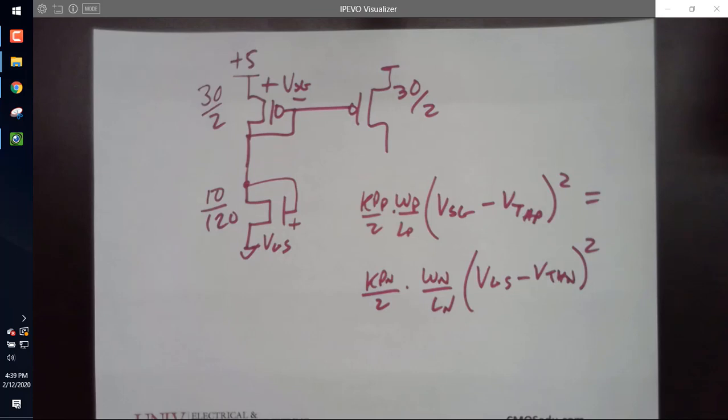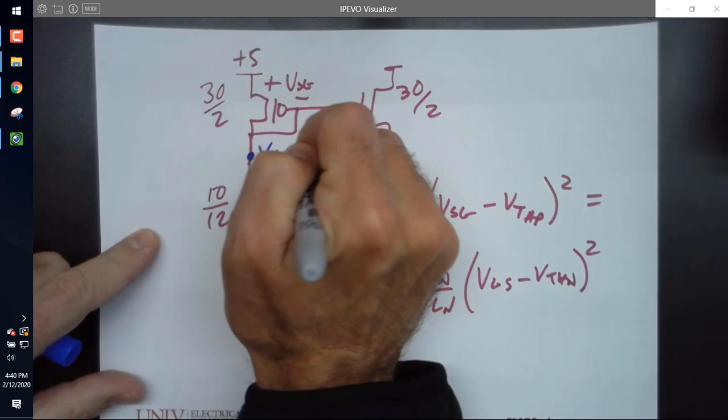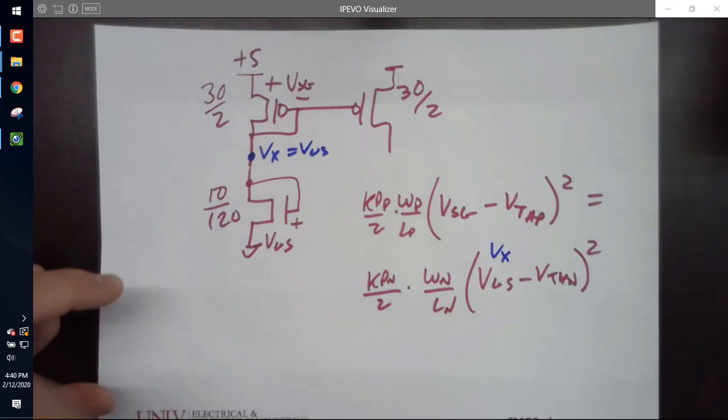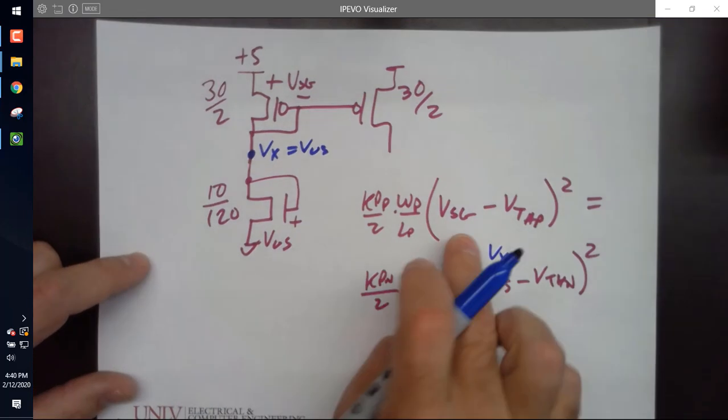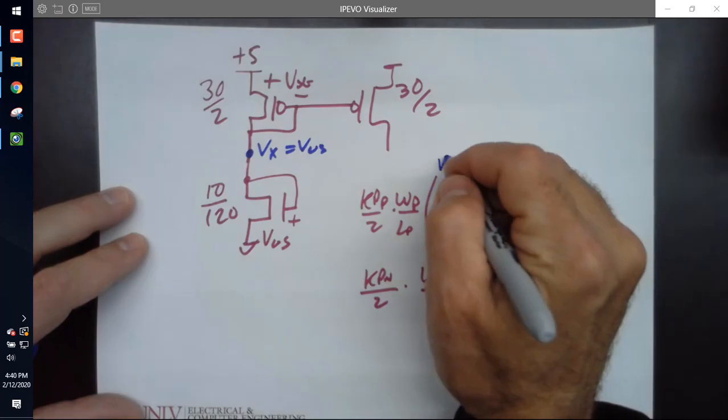Well, how about, this is what I would do if I was solving it. I'd say, I'm going to make this nice and easy. This is Vx, which is VGS. Make this Vx. But what is this? V5 minus Vx.